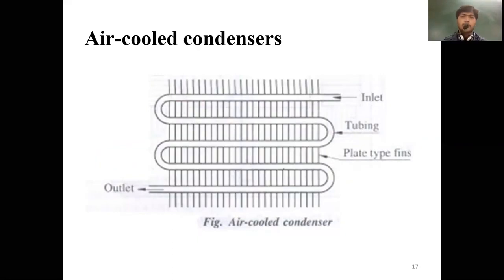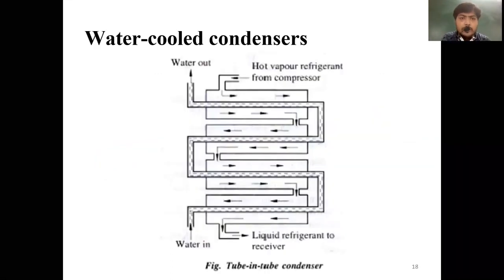Next, the water cooled condenser. In a water cooled condenser, water is used as a fluid to cool the refrigerant. Here, the tubes are drawn. These are the water tubes in which cold water is flowing in the upward direction.